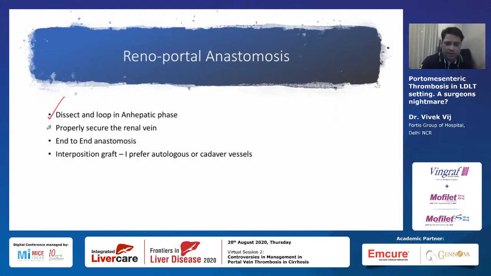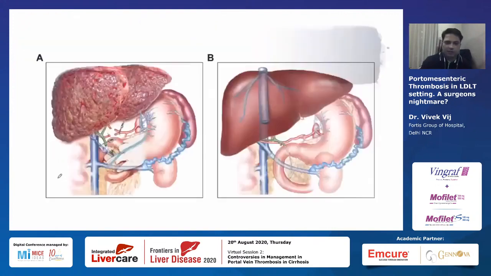You have to be very meticulous and properly secure the renal vein. I like to do end-to-end anastomosis, and you should keep interposition grafts ready. Although I prefer autologous grafts, sometimes they're not available, and we have to resort to PTFE graft.